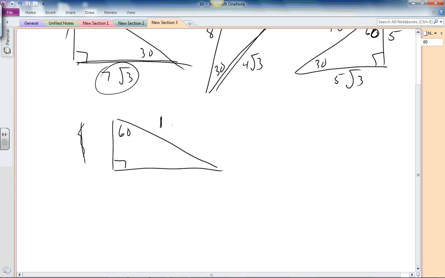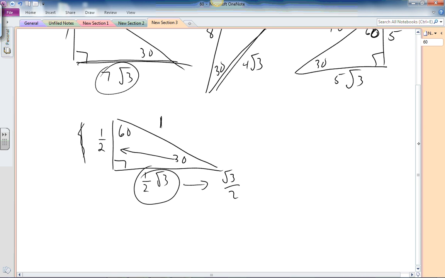So I know that the hypotenuse is double the short leg, and if this is the 30-degree angle, then the short leg is across from it, so it would have to be 1/2. Now the long leg is easy to do. It's 1/2 times the square root of 3. A lot of times when you see this written, you'll see it's the square root of 3 over 2. So there you have it. Whatever I give you, you should be able to figure this out.